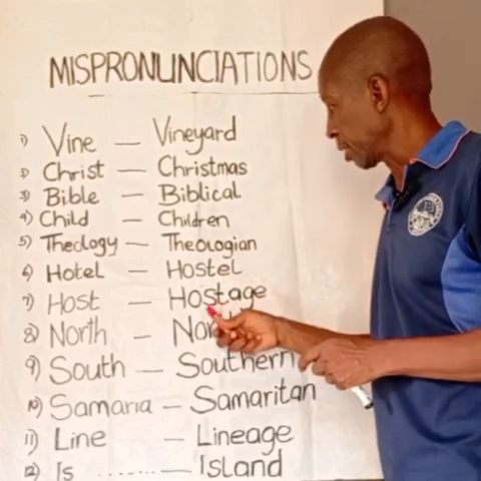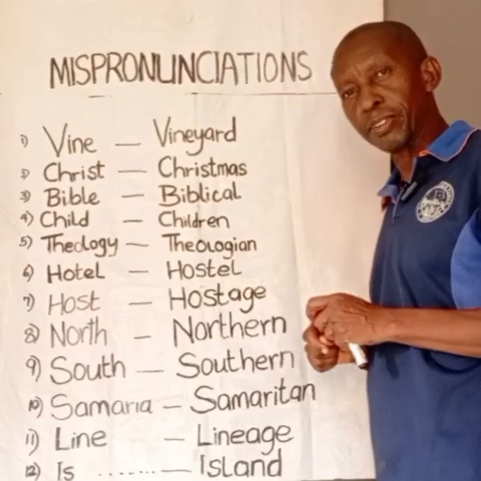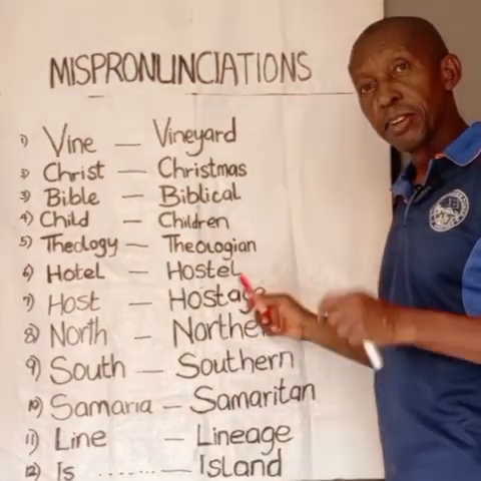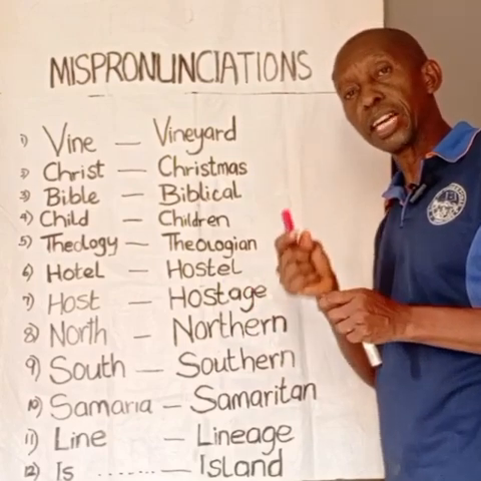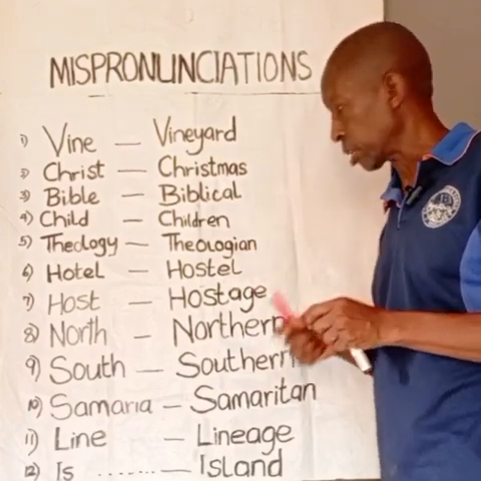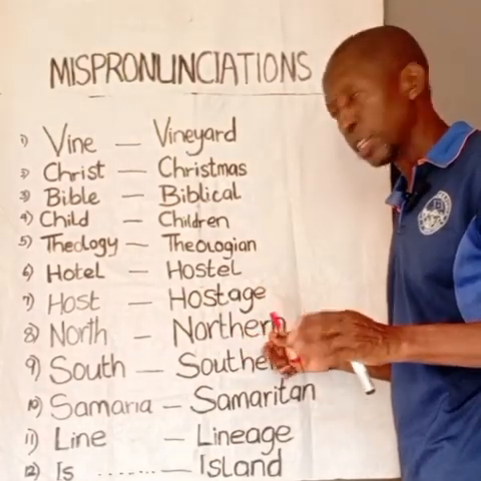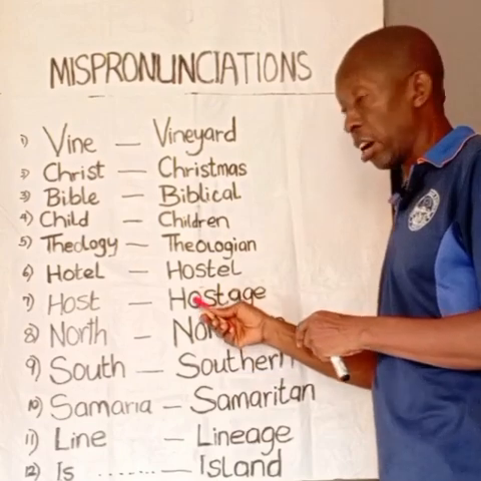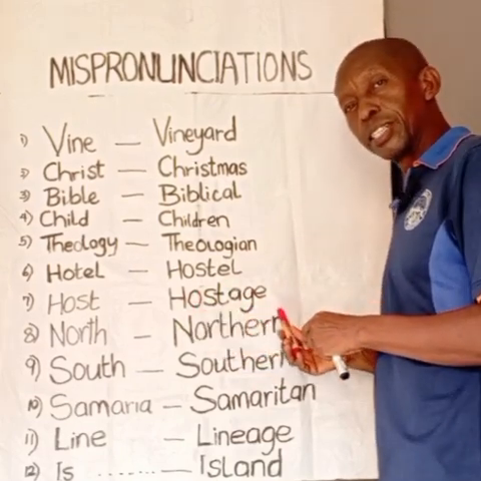Letter O makes a short vowel sound. Letter A here makes another short vowel sound. The letter E is silent. So if you say it together, it is hostage.